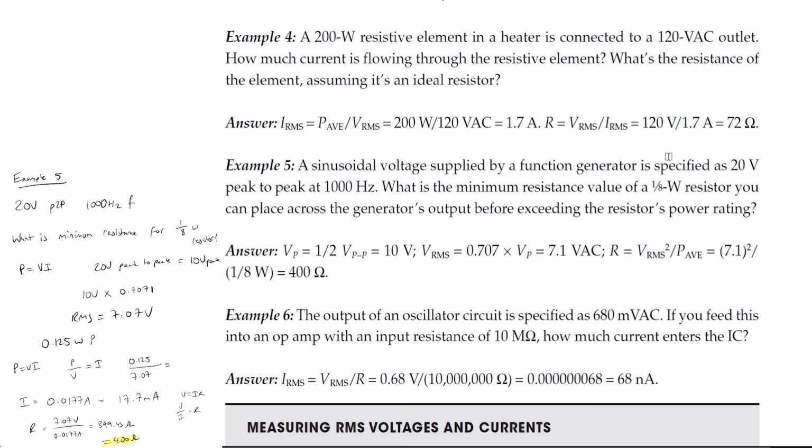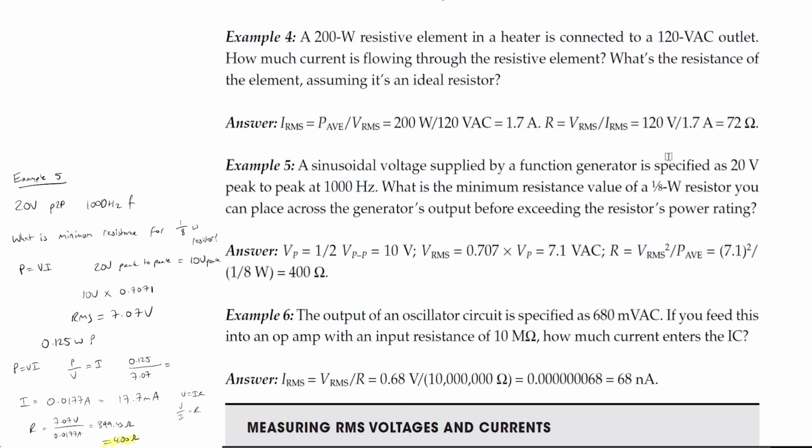Calculator, make my life easy. What's an eighth as a decimal? 0.125. Okay, so you've got 0.125 watt, and that's the power rating.